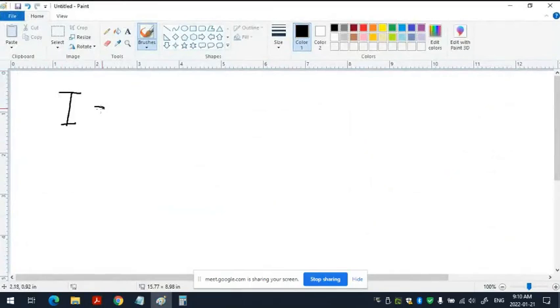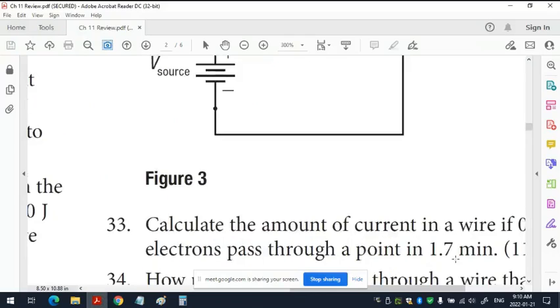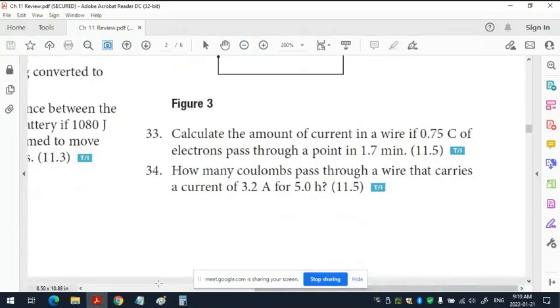I equals Q over delta t. How much charge are we talking about? 0.75. How much time? 1.7 minutes, so you have to multiply by 60.